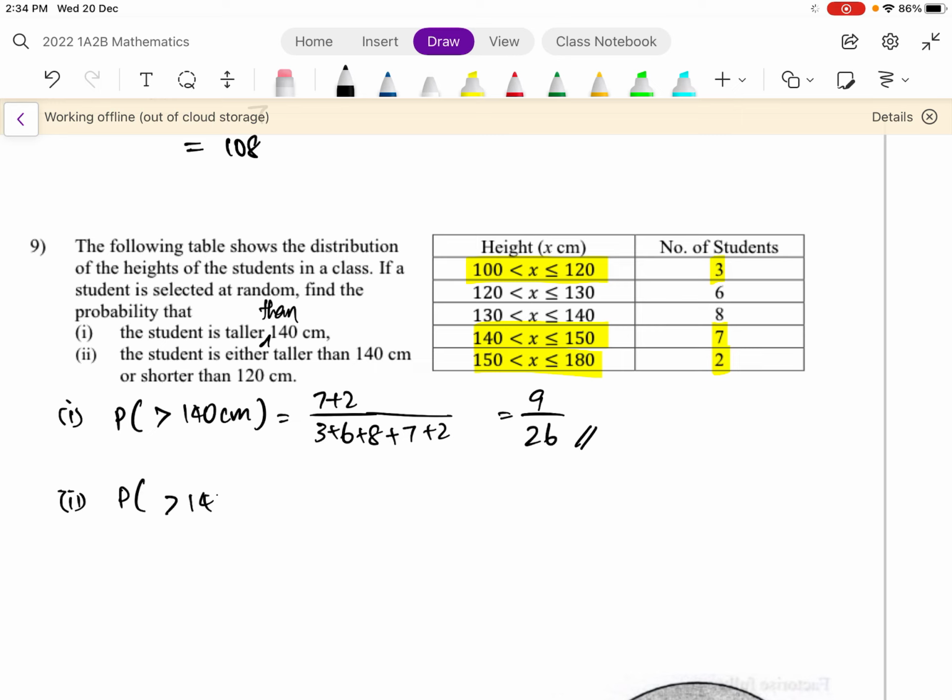Probability more than 140 cm or less than or equal to 120 cm. Number of people over here, we have 12 out of 26. So simplify it, we get 6 out of 13.